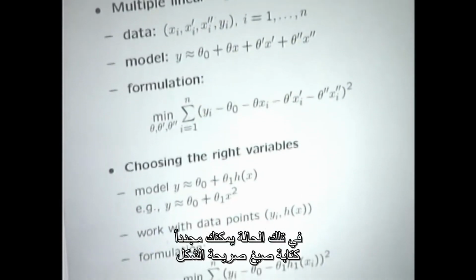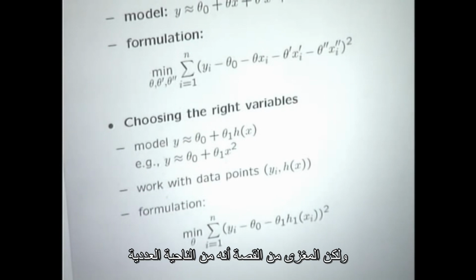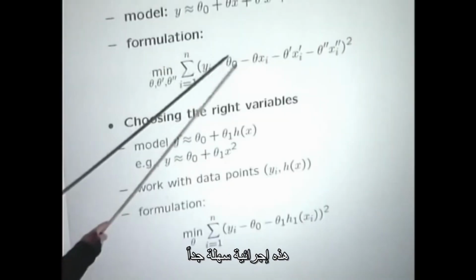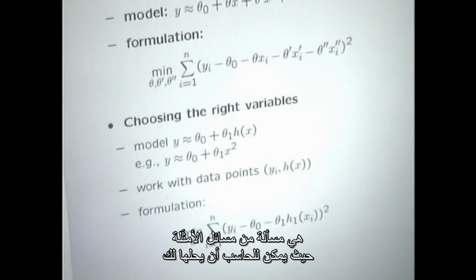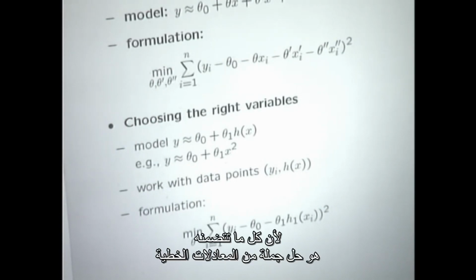In that case, you can again write down closed form formulas, but they will be a little less intuitive than what we had before. But the moral of the story is that numerically, this is a procedure that's very easy. It's an optimization problem that the computer can solve for you very quickly, because all that it involves is solving a system of linear equations.